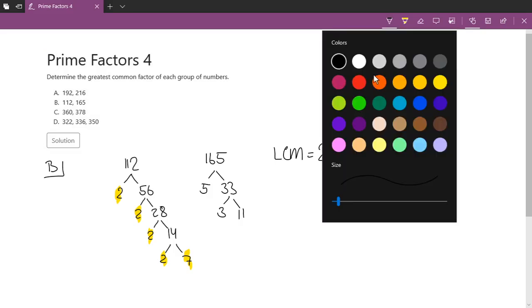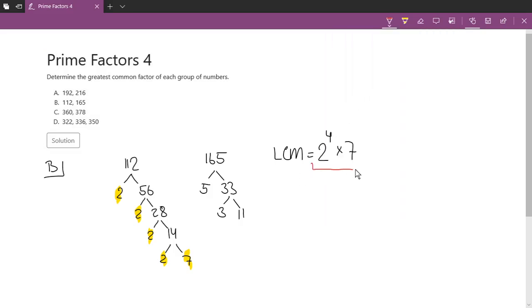Okay, so this product here consists of all of the prime factors from one of the numbers, from 112 in this case, and then we add any prime factor from the second number that's new. Well, 5 is new. There's no 5 over here, so we're going to multiply it by 5.